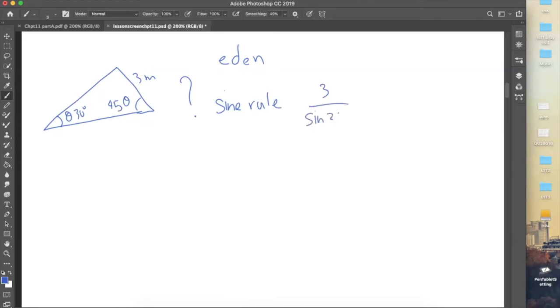This side will be B. So B over sine 45 equals 3 over sine 30. Yeah, correct. So we have one unknown that we can find.